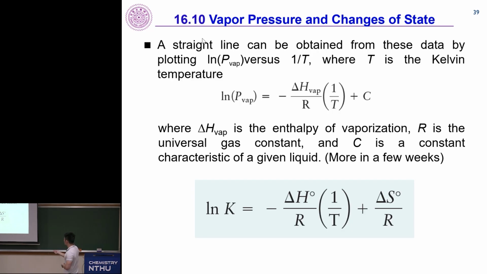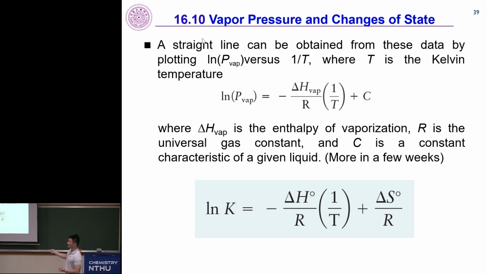And what's this offset? It is the entropy of vaporization divided by R. So overall, the equation looks like this: natural log of pressure equals minus delta H divided by R multiplied by 1/T, plus C. C is delta S divided by R.